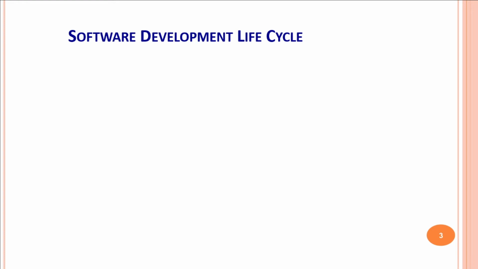Now what is the software development lifecycle? When we are developing a program, and several programs we are combining together, that is known as software. Software means a program, also multiple programs. So for developing the software, what cycle does it undergo? SDLC, as it is known.